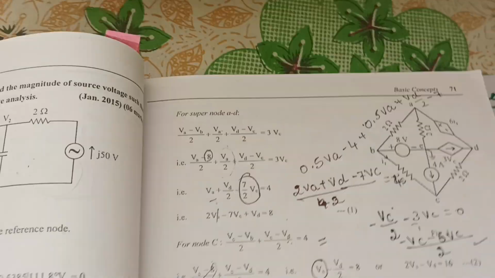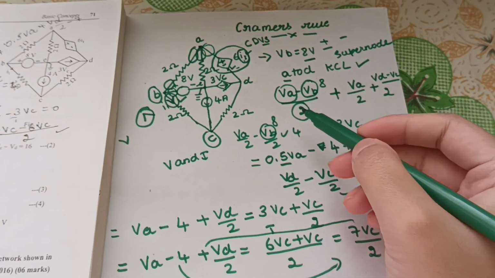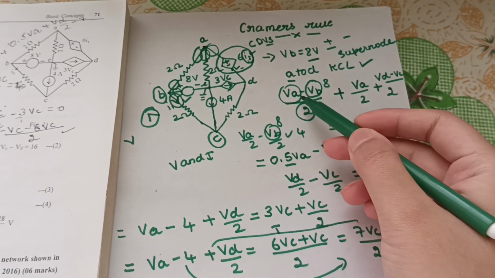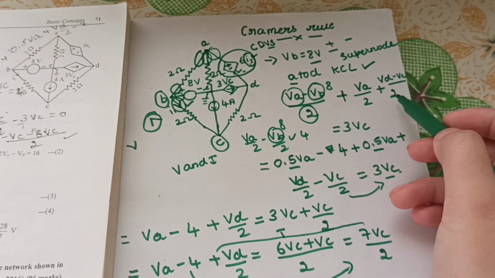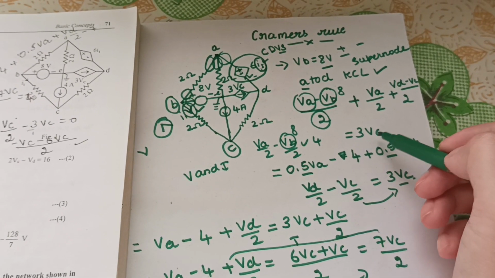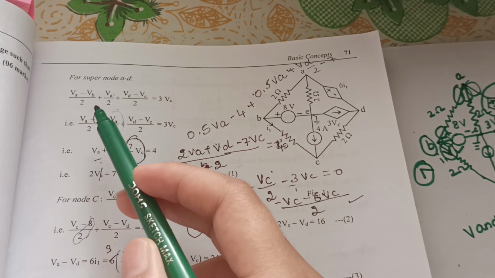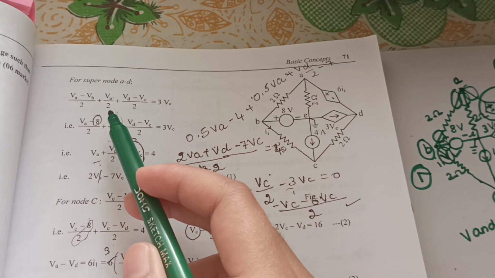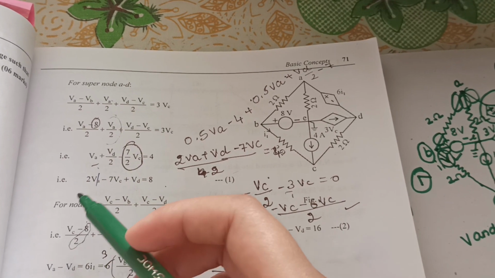So see here, you can make a comparison between mine and this particular textbook. I have written the same equation. See this: VA minus VB by 2 plus VA by 2 plus VD minus VC by 2, which is equal to 3 VC. See here also I have written: VA minus VB by 2 plus VA by 2 plus VD minus VC by 2, which is equal to 3 VC.